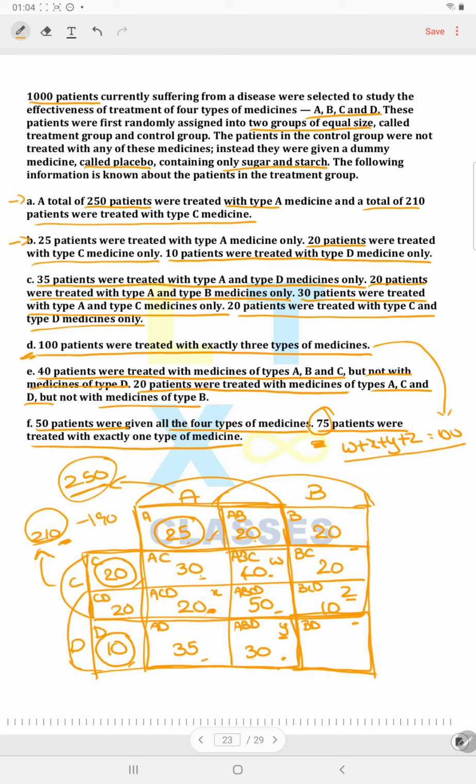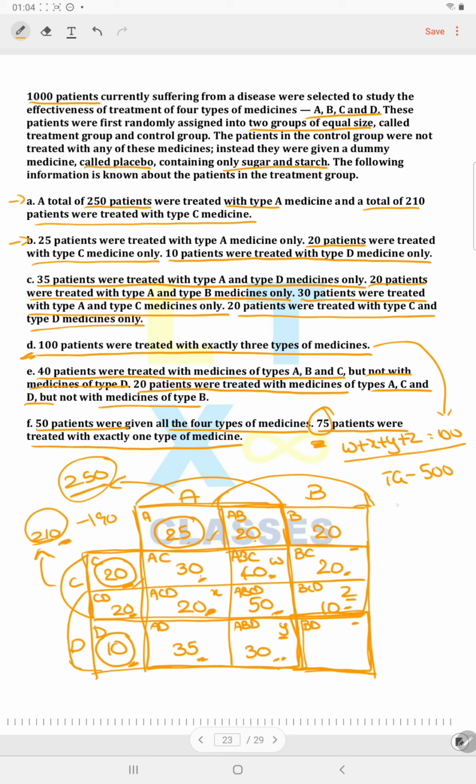We know from the initial information that in the treatment group we had 500 patients. If we add all the cells here and subtract that number from 500, we'll also get to know the value of this cell. So let's do that as well quickly. 20 plus 20 is 40, 40 plus 25 is 65, 65 plus 20 is 85, 85 plus 30 is 115, 155, 175, 195, 215, 265, 275, 285, 320, 350.